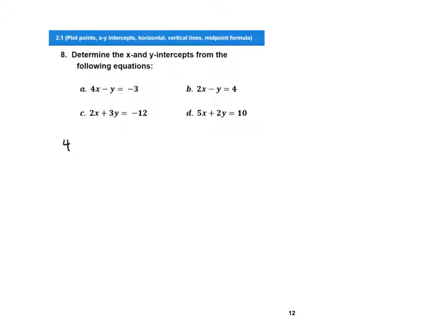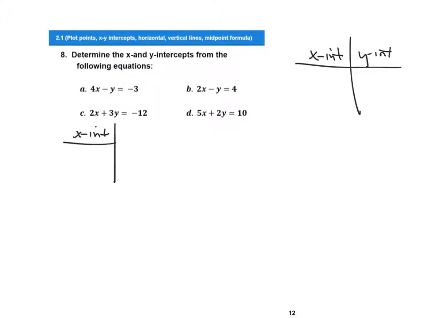What we mentioned in class was just a way to organize it, is that we would put x-intercept on the left, y-intercept on the right. If I have the x-intercept here, I'm just looking for the y value and the x value. So if I want the x-intercept on part A, 4x minus 0 equals negative 3.